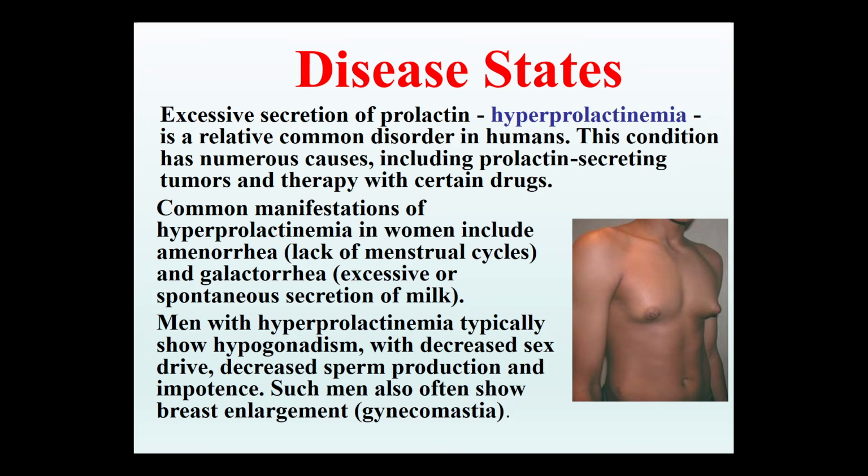It maintains the corpus luteum, and deficiency of this function can lead to defects in ovulation, fertilization, pre-implantation development, and implantation. Prolactin receptors are present in the cells of many tissues: in the liver, kidney, adrenal gland, testes, ovaries, uterus, and other tissues.